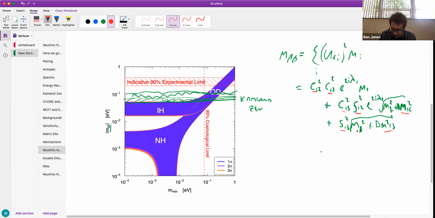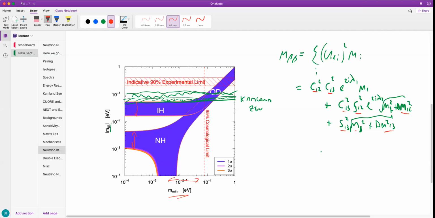So what we don't know is the absolute neutrino mass, which is what's on this scale, and we don't know the Majorana phases. Varying the Majorana phases moves you around in this band, and varying this one moves you this way and this way.